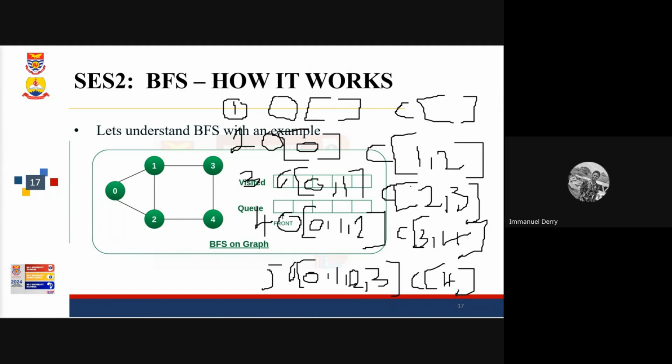More like, if you're doing programming, in some cases you declare an empty array. So similar, this is what we just did, so that we can now put in our various nodes we have visited and those we haven't in their respective arrays or queues. That is why the first one, all of them are empty, and the second one, we move on to 0, 1, 2, and the rest. All right, thank you, sir.